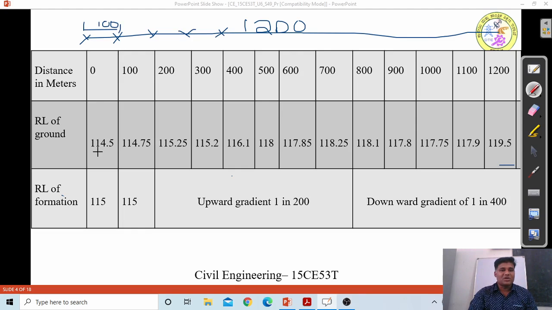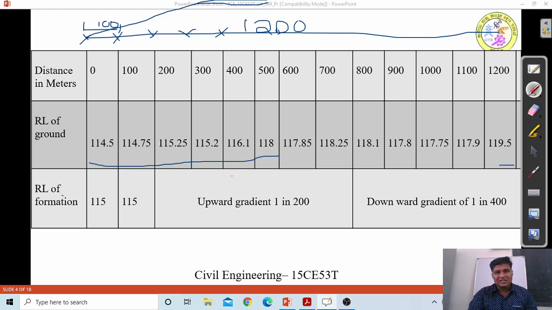The RL of ground at 0 meter is 114.5, at 100 meter is 114.75, and then 115.25. So this data shows that the ground is rising. See here, it has risen from 114.5 to 118. Up to this point it is a rising ground.